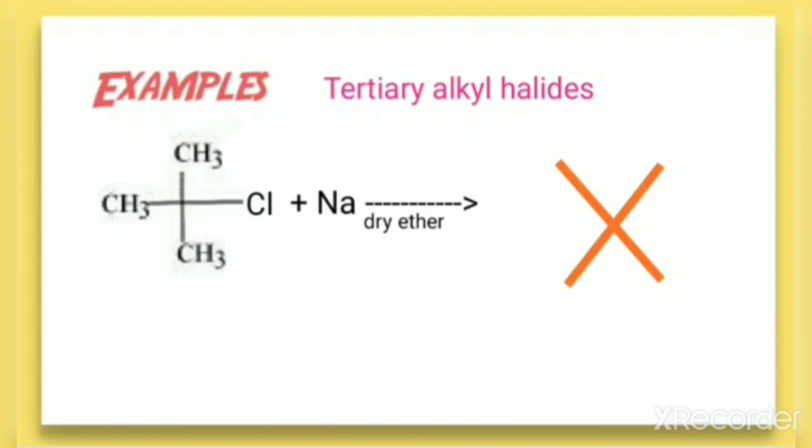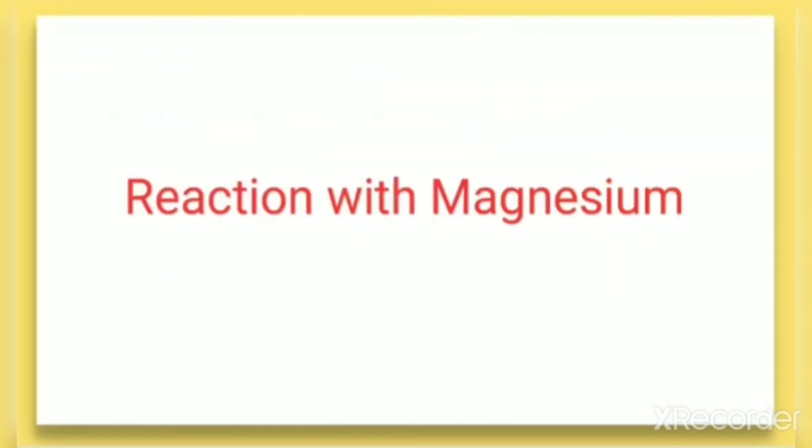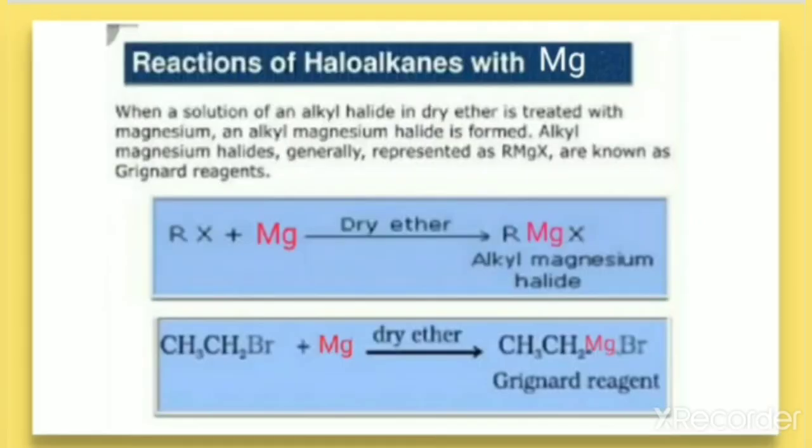So now let us discuss the reaction with magnesium. Reaction of haloalkanes with magnesium. When a solution of alkyl halide in dry ether is treated with magnesium, an alkyl magnesium halide is formed.